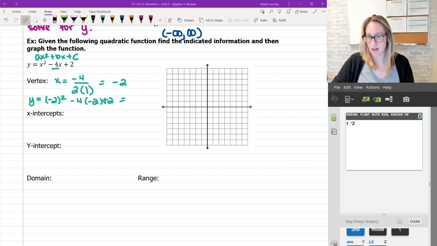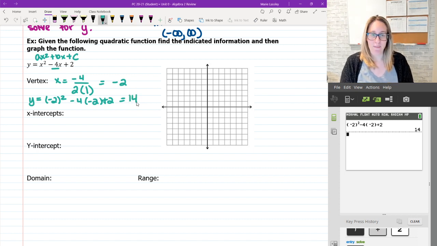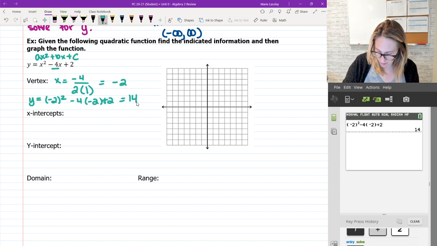I'm just going to do it on my calculator here. So -2 squared minus 4 times -2 plus 2 equals 14. All right, so that means that I have a vertex at (-2, 14).